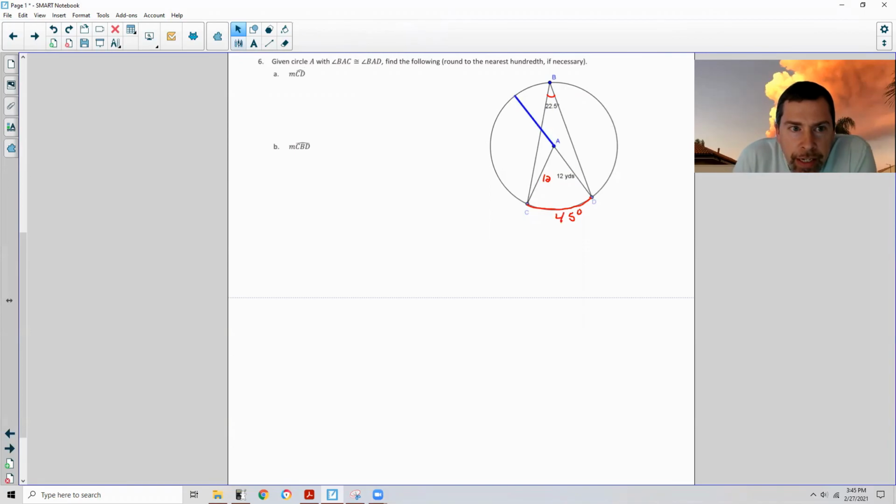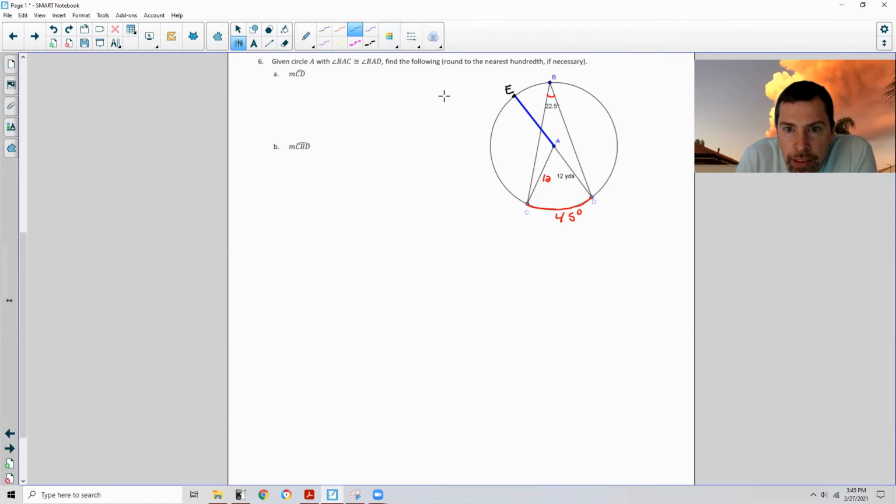If that were a diameter, then that whole thing would be 24. This would be 180 degrees. So I extended this out. So 180 degrees from this point here, and I'll call that, let's see, A, B, C, D, call that E right here. So CE plus CD is a semicircle, 180 degrees. 180 minus 45 is 135.